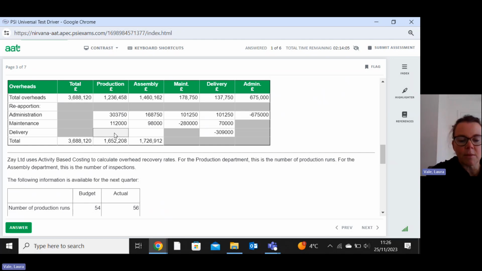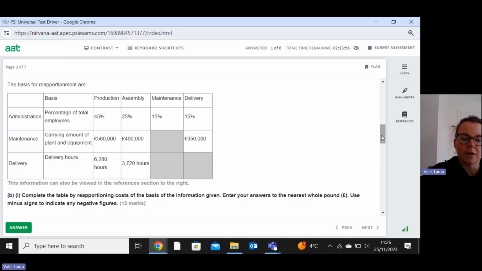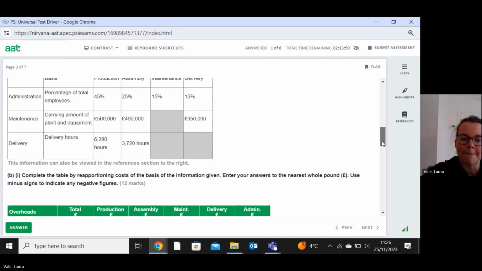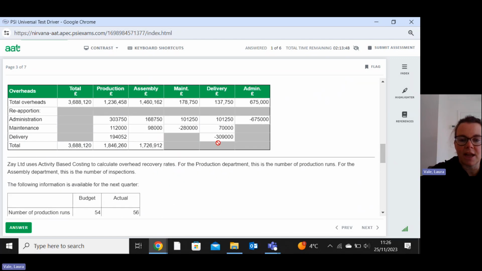And that gives me 194,052. Then we do the same for assembly. So you're going to do 3,720 divided by the 10,000 total, multiply by the 309,000, which gives us 114,948.